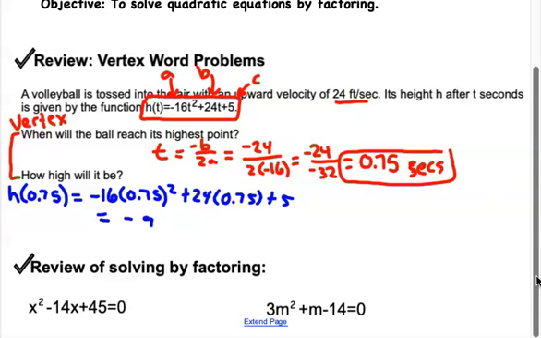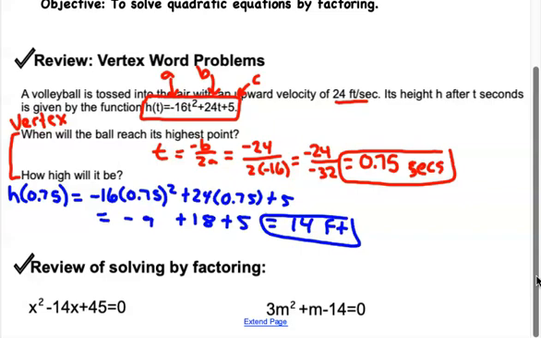You do 24, 3/4 of 24 is a way to think about it, or you can do 24 times 0.75, and you get positive 18, and then you get positive 5 from the constant. So if you combine all of this, we have a total of 14, and we're talking about feet, so it gets to be 14 feet above the ground.